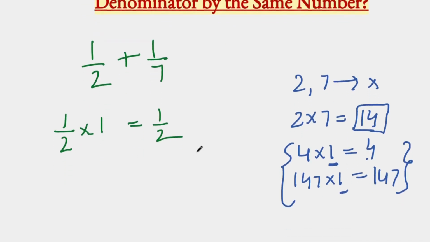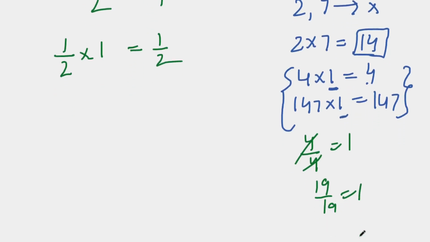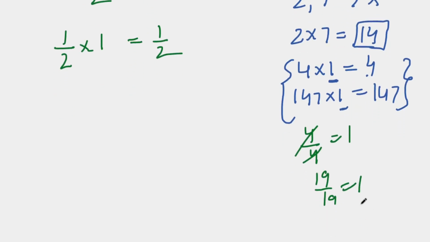Now, one more thing. How differently can you write 1? Is 4 by 4 equal to 1? Yes, because the 4 gets cancelled out in numerator and denominator. We get 1. 19 by 19 again gives us 1, right?